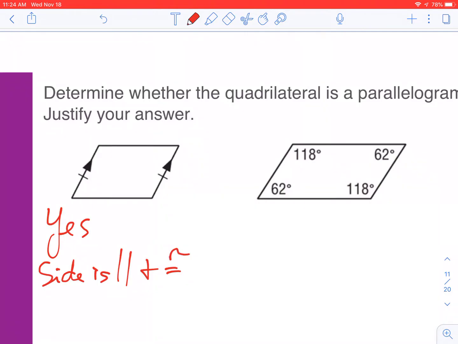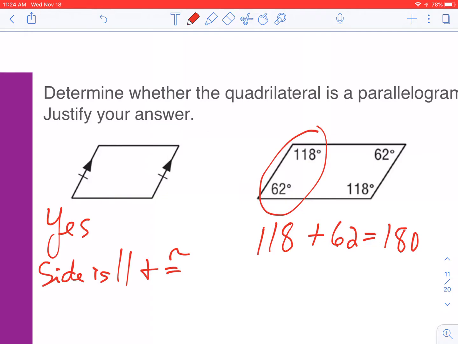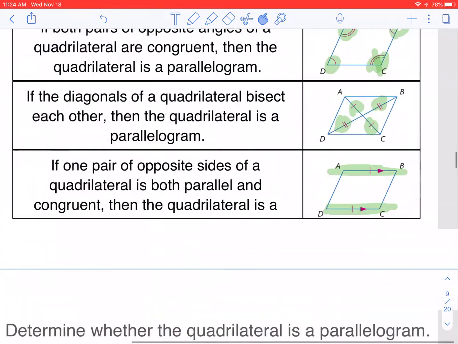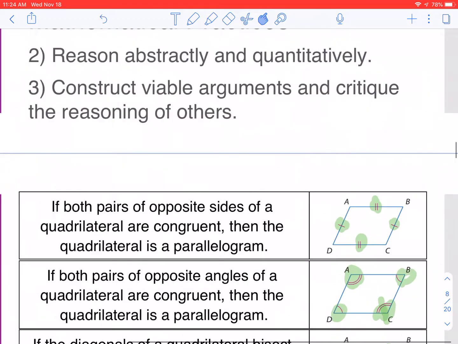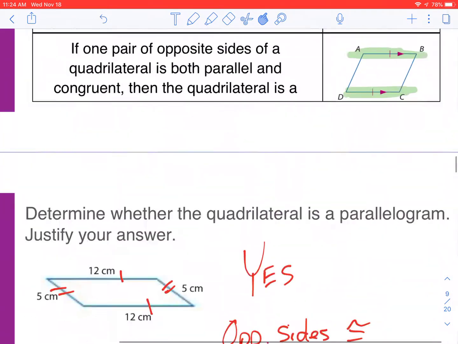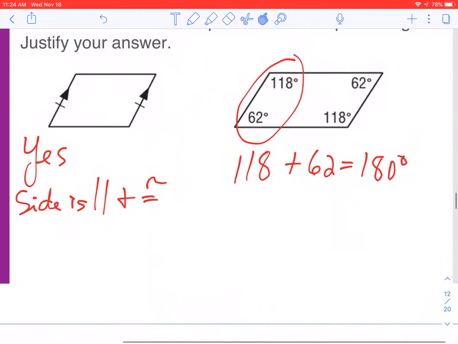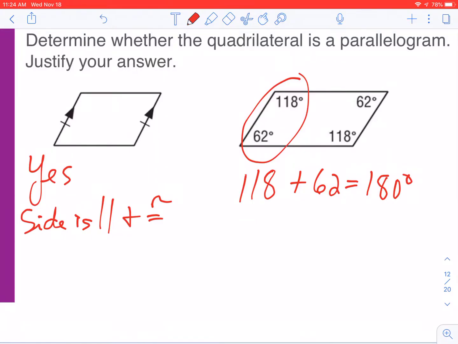Let's look here. What do these add up to? 118 plus 62 equals 180. Now, is that one of our proofs? Let's look up here. The answer is no. And here's why. We can once again go to a trapezoid, which we're going to learn about in the future.